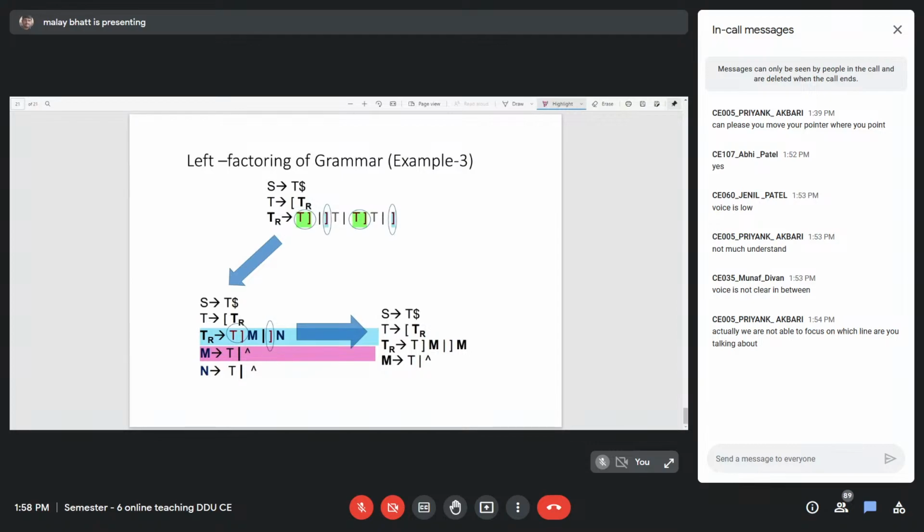So from the first rule, the remaining portion is null. From the third rule, the remaining portion is T. So we are writing T or null. Similarly, from the second and fourth rule, we'll write down the remaining portions.